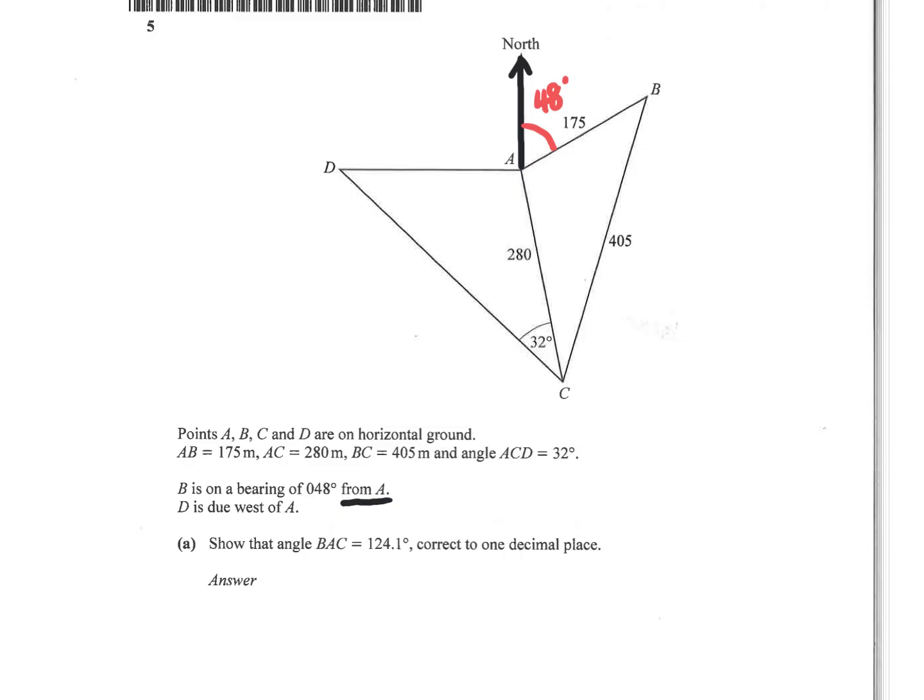Wait, do you flip it around? So north, east, south, west. So when I say D is due west of A, it means this is 90 degrees, because north and west must be 90 degrees to each other. So this is a big hint.